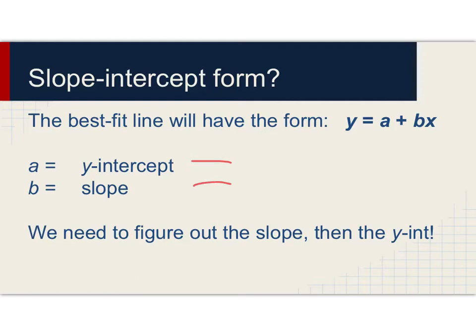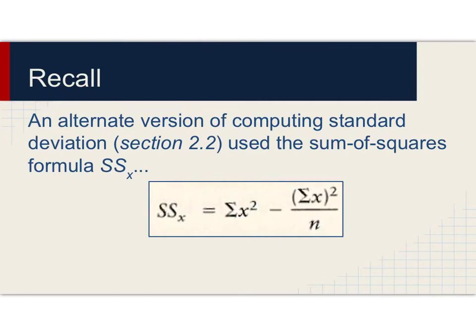So just as we would do in an algebra class, we're going to start by finding the slope and then working back with that to find a y-intercept. To do that, though, we need a couple of sum of squares formulas, and you might remember way back when we were in chapter 2, we talked about an alternate version of computing standard deviation that used the sum of squares formula.